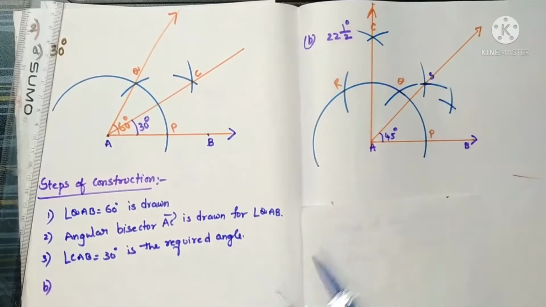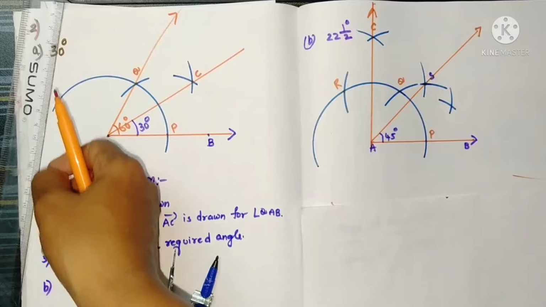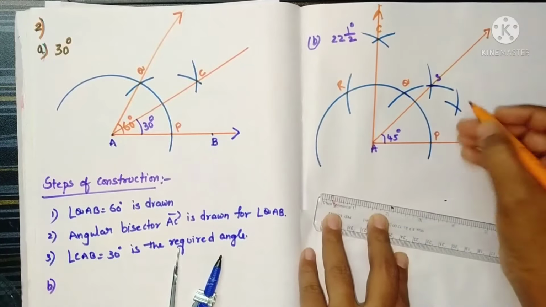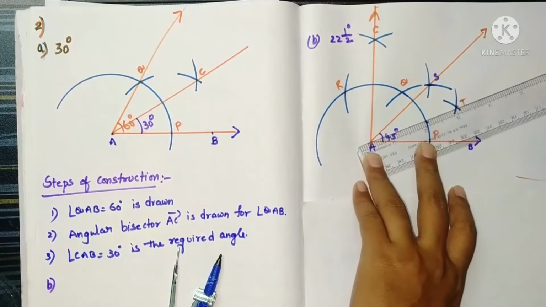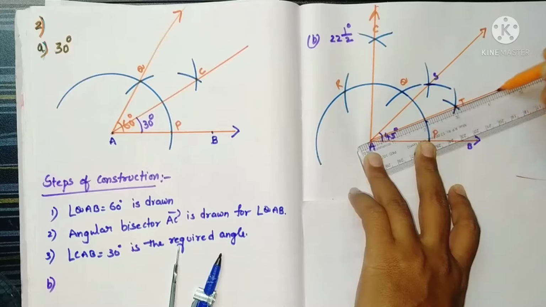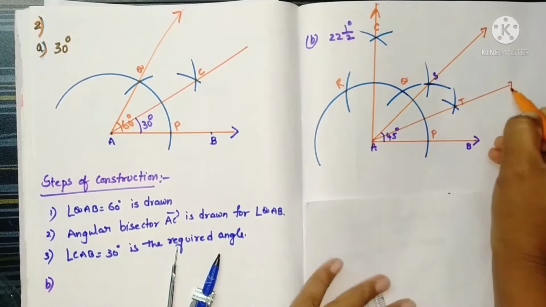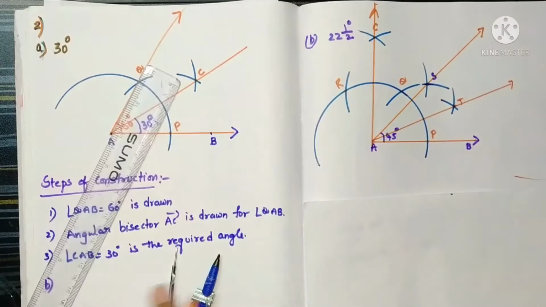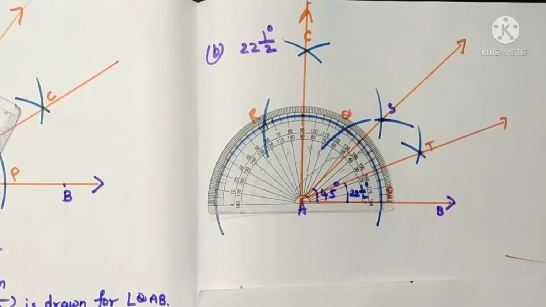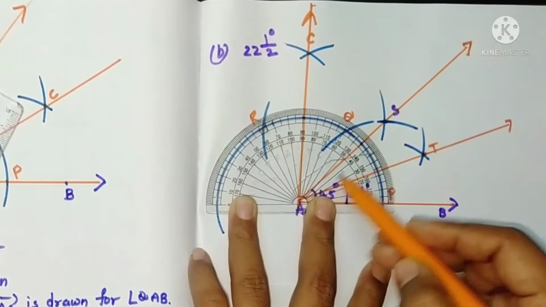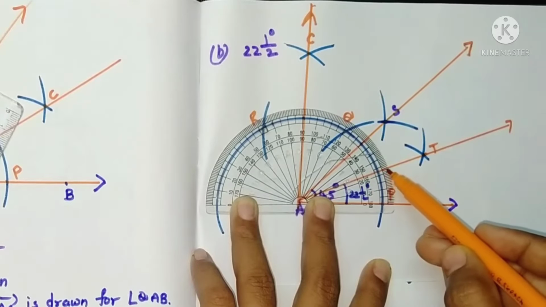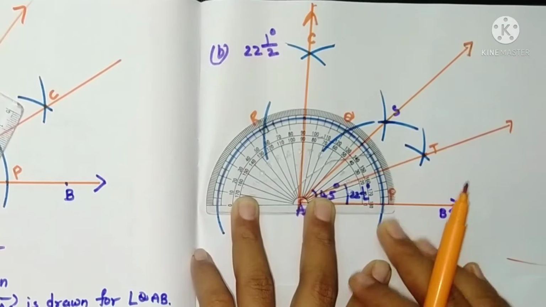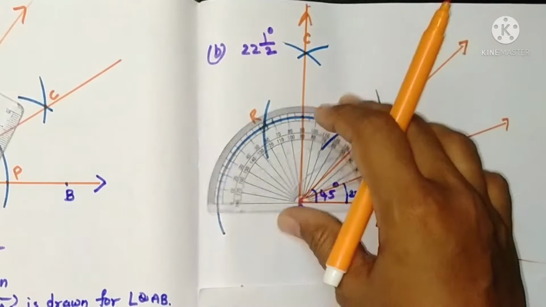This intersecting point, take this as T. Draw a ray through A and T. So this is 22 and half degrees. So if you check with the protractor, see this is 90 and it is 45 and it is between 22 and 23. So 22 and half.